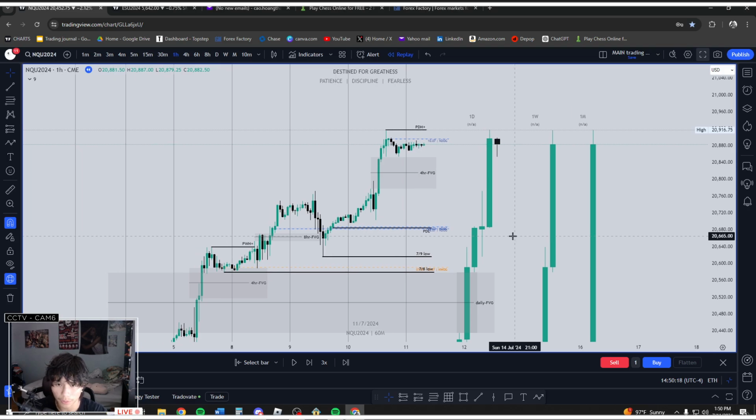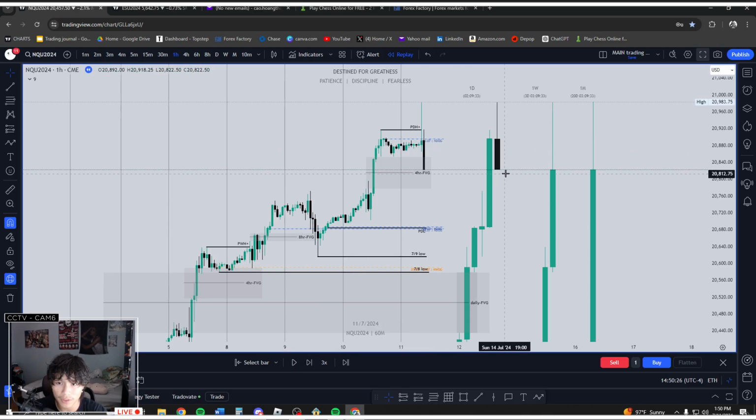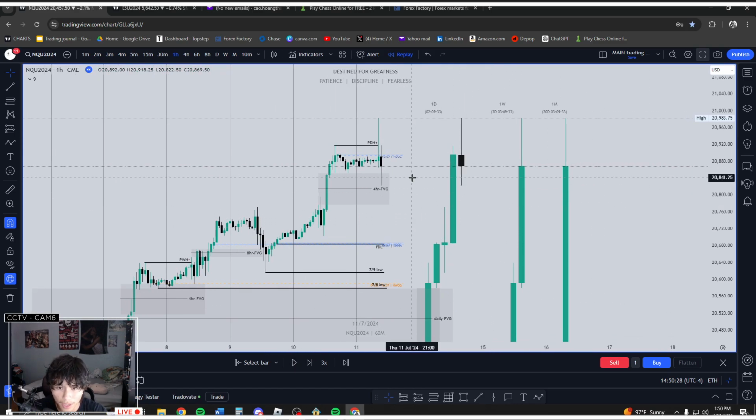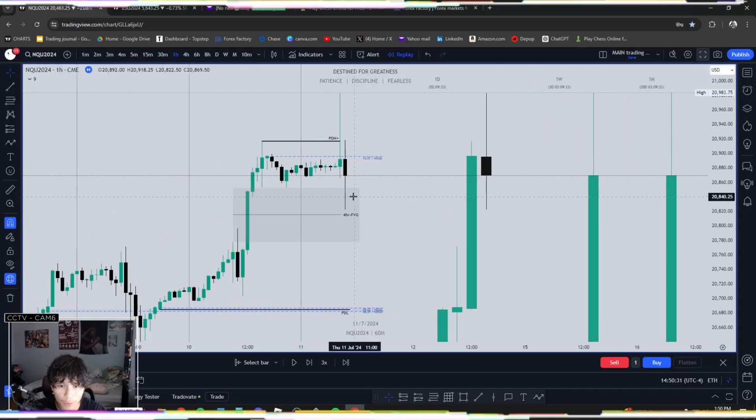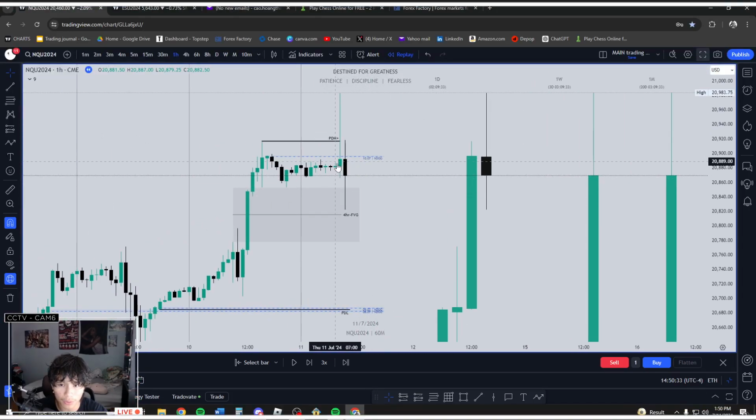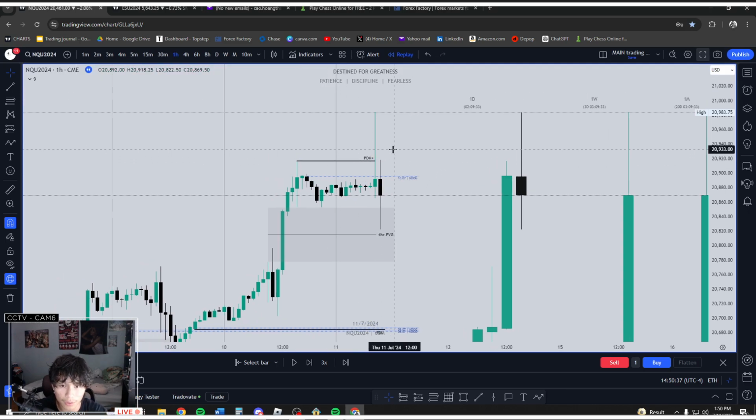So when CPI dropped, we took out previous day high, and notice how this hourly candle closed here. So we had a bearish hourly candle close. From this hourly close right here, this to me is a liquidity sweep from previous day high.